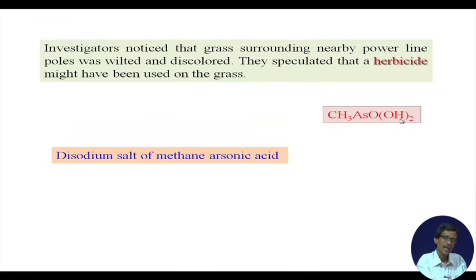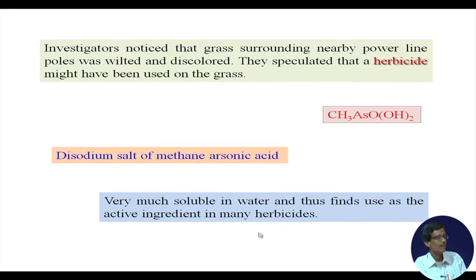For acetic acid we all know sodium acetate comes from acetic acid. So, the methyl arsenic acid is CH3AsO(OH)2, and this herbicide is its corresponding disodium salt.